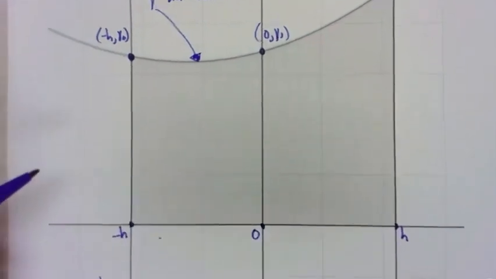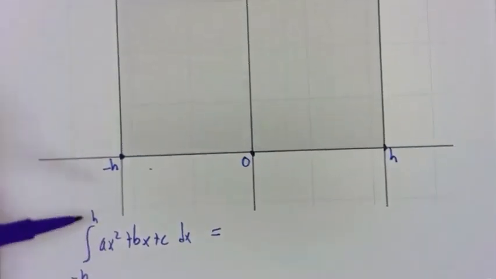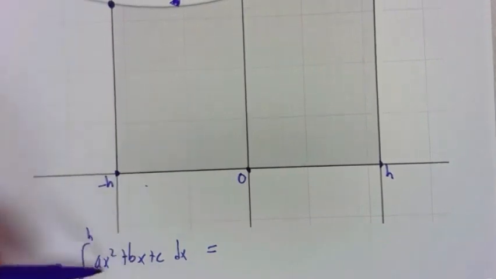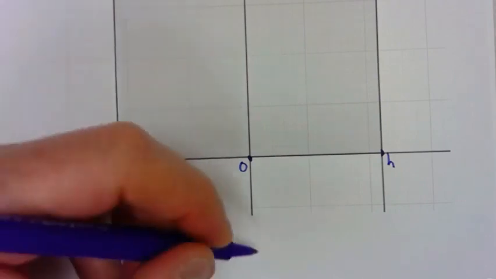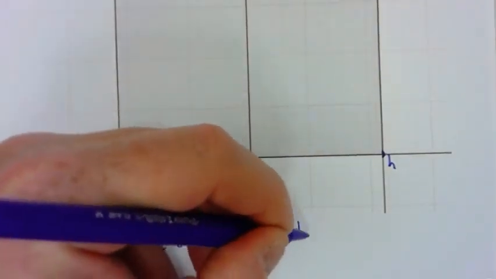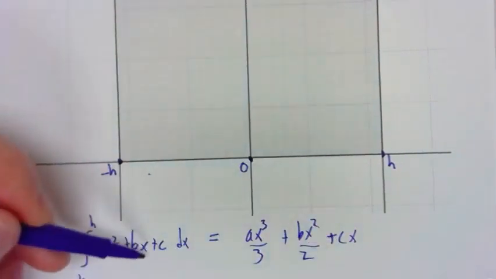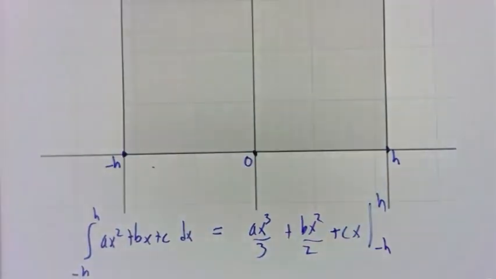Okay, well, the area shaded here is just this, right? It'd be the integral from negative h to h of this quadratic. Well, we know how to do that. That'd be ax cubed over 3 plus bx squared over 2 plus cx, from negative h to h.